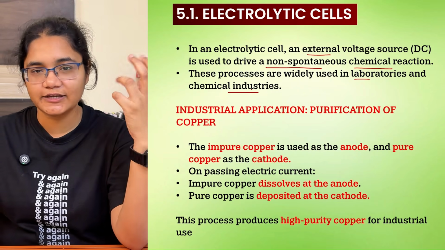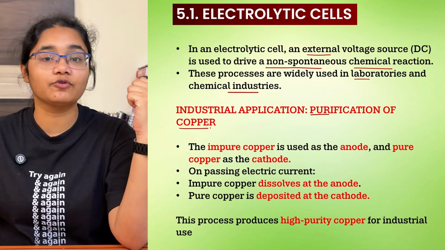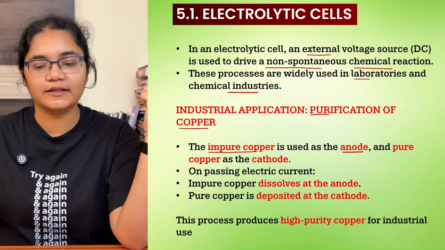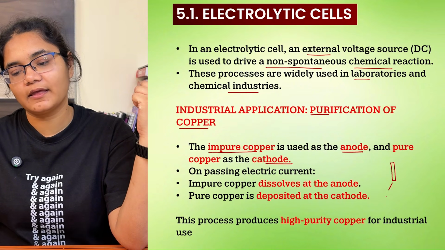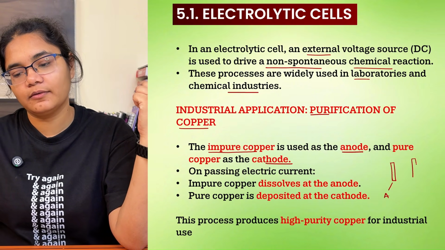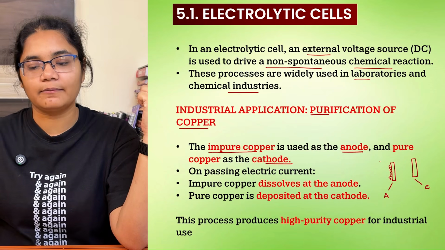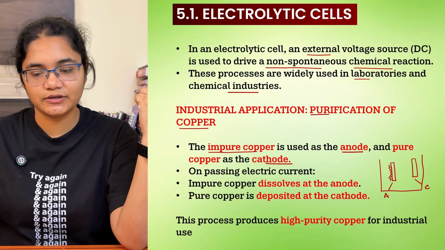So we'll see some applications of this electrolysis first. The first application is in the purification of copper. The impure copper is used as anode and the pure copper is used as cathode. Now what will happen when you connect it with an electrolyte? The anode will undergo oxidation.